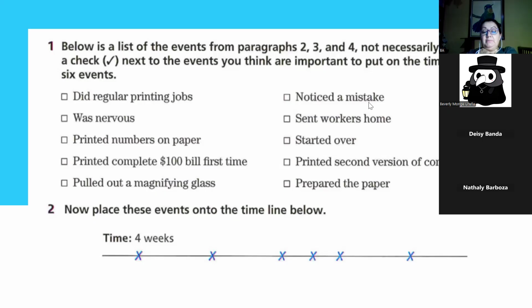Notice a mistake? Yes. Sent workers home? No. Started over? Yes. Print the second version of complete $100 bills? Yes. Prepare the paper? Yes, because it's the first step. It's the first step to printing the money.